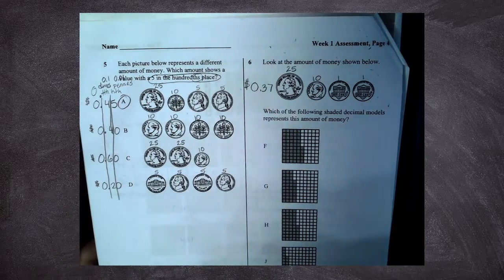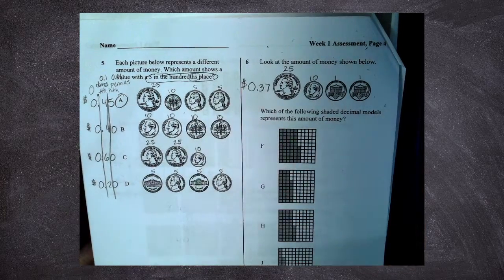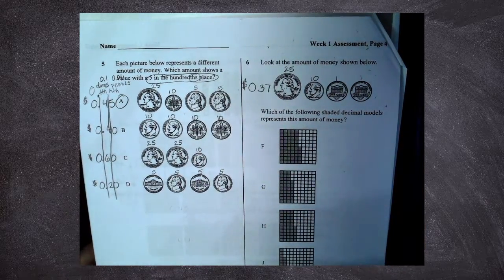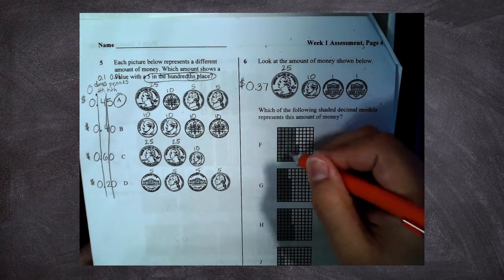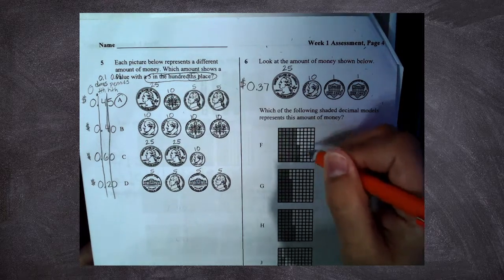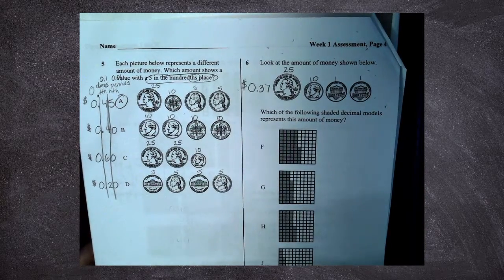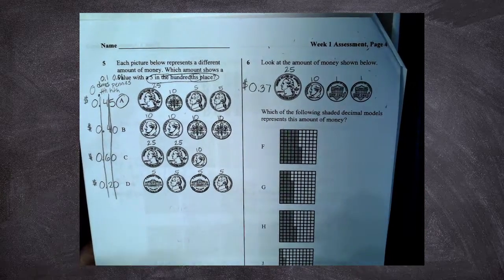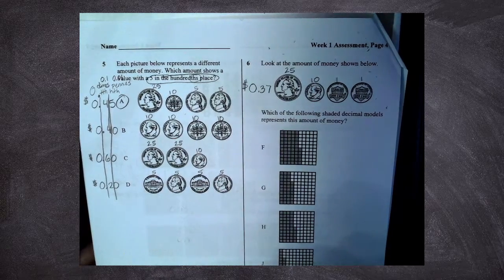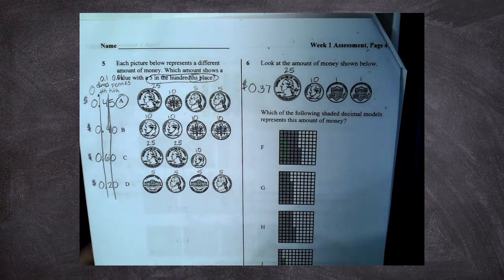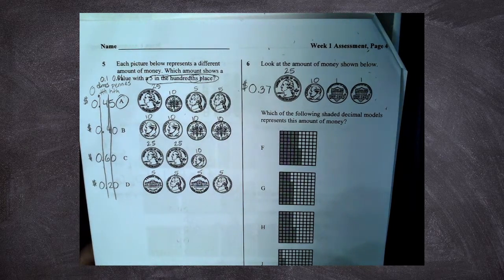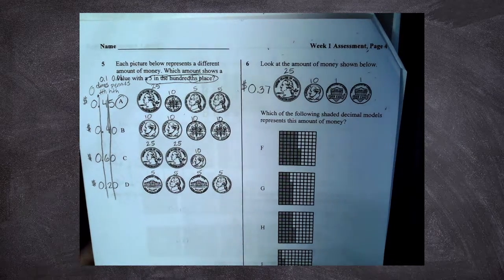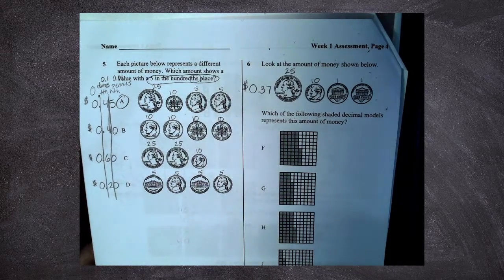I look at answer choice F and I count what is shaded in. I have to remember the whole lines are my tenths and the little itty bitty squares are my hundredths. For answer choice F, who can tell me how many tenths are shaded in? Bella? How many whole lines are shaded in for answer choice F?